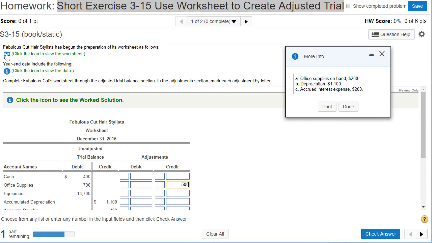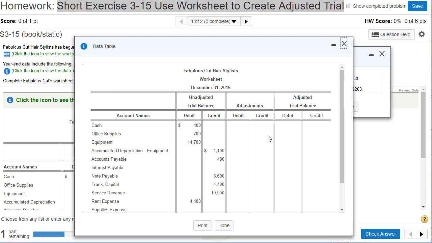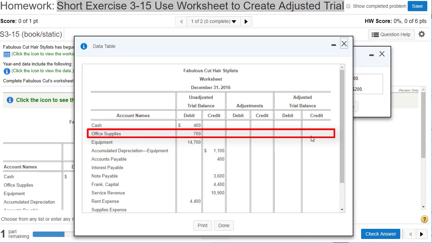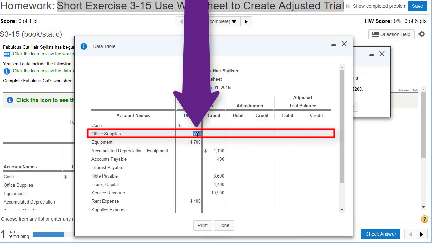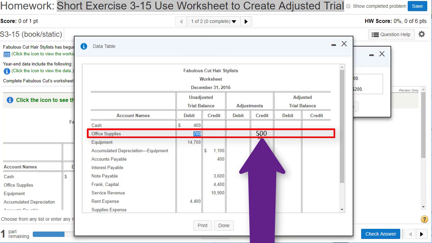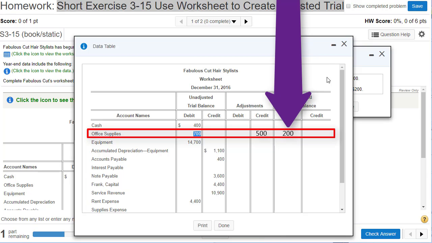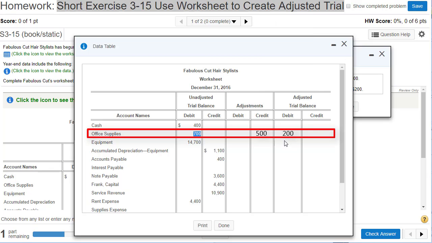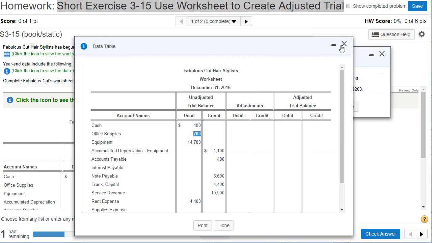So now if my accounting lab let us see and plug in the number over here in the adjusted trial balance, we would say we had 700, we lowered the account by 500, which gives us a new balance of 200. And of course, the normal balance of office supplies is on the debit side.